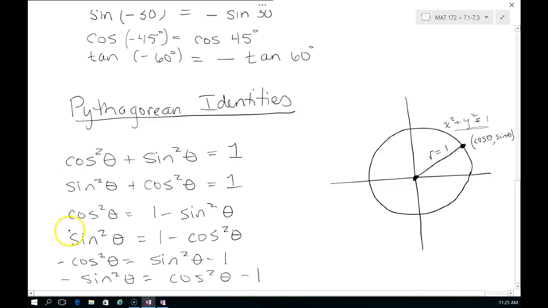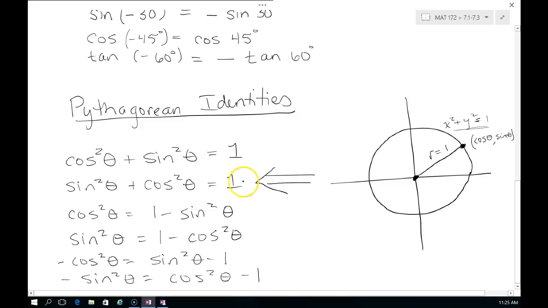So there are lots of different ways that we can rearrange the terms in that formula, but typically this is the one that you see most often described as being the Pythagorean identity. But in practicality, when we use it, we may have to move the terms around so that we could use it in lots of different ways.